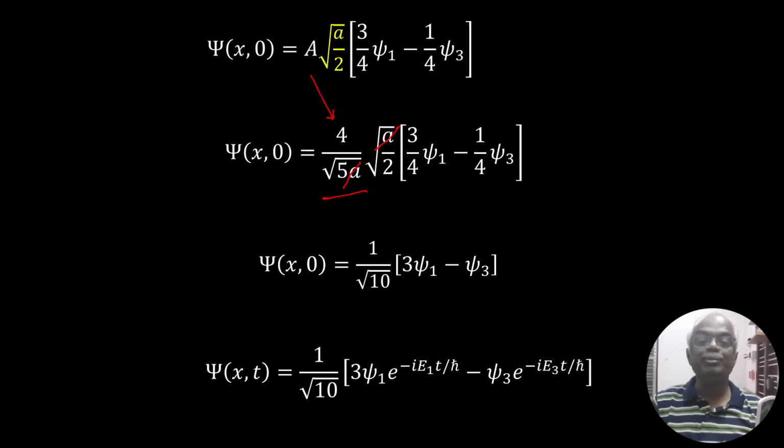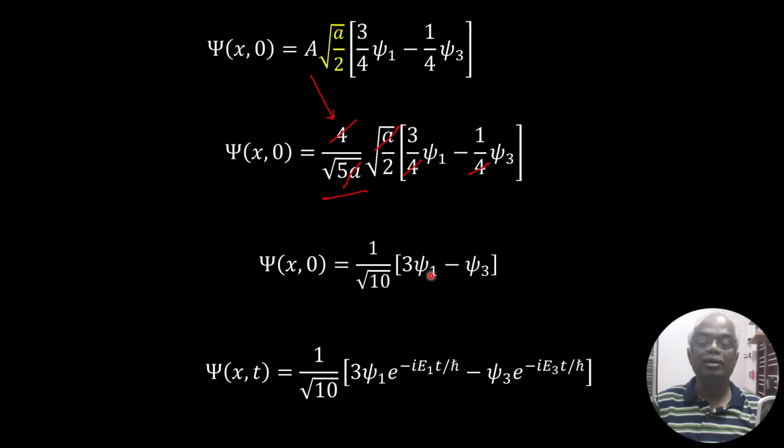So in the numerator you have 4, which also gets cancelled with the 4 here. So you will get 1 in the numerator because both get cancelled. Then in the denominator, square root of 5 into square root of 2 is equal to square root of 10. So 1 over square root of 10.